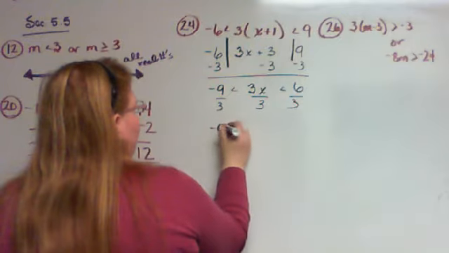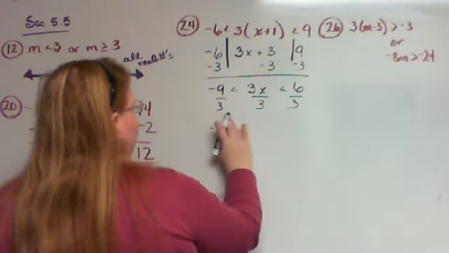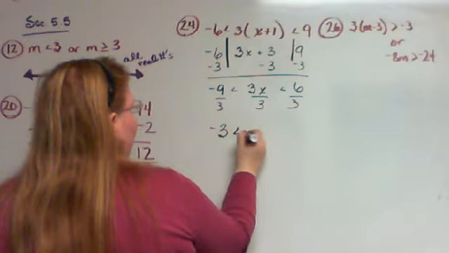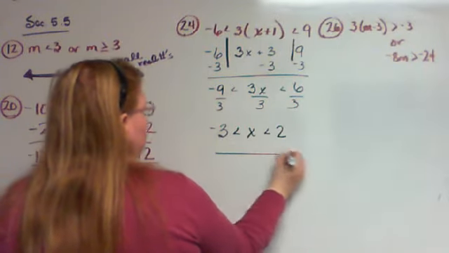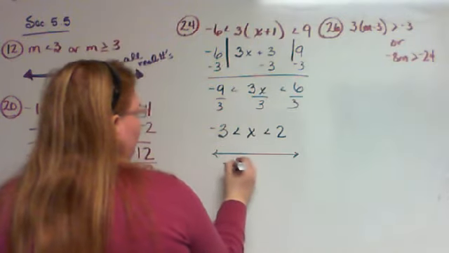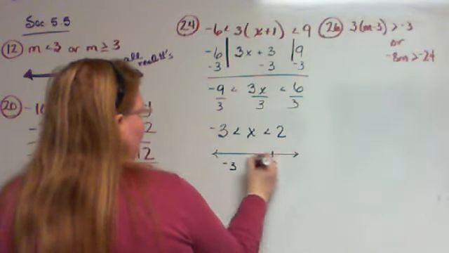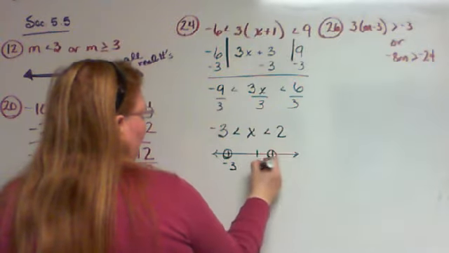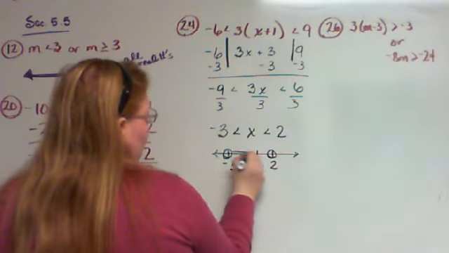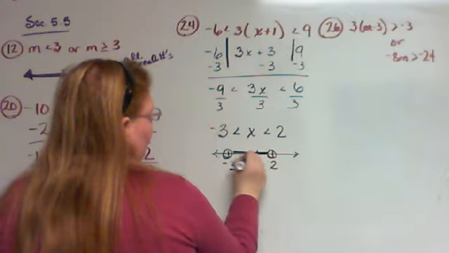So that gives me negative 3 is less than x is less than 2. Open here, open there, shade the stuff in between.